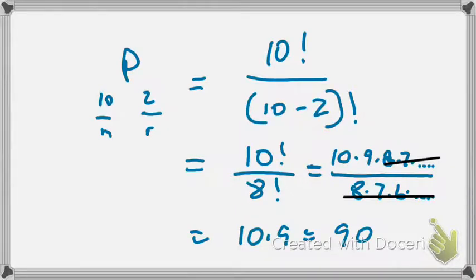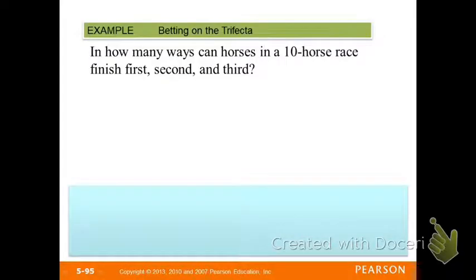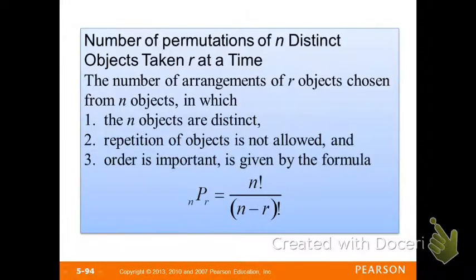Now, what does this look like in the context of a counting problem? Let's look at this example. In how many ways can horses in a 10-horse race finish first, second, and third? We need to make sure that the conditions are met, and they are.